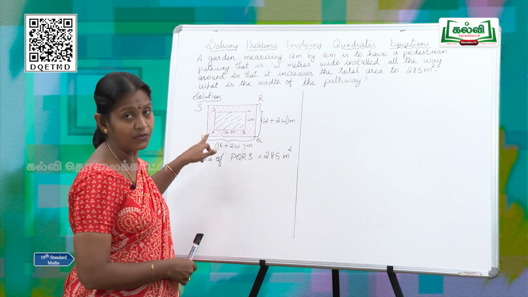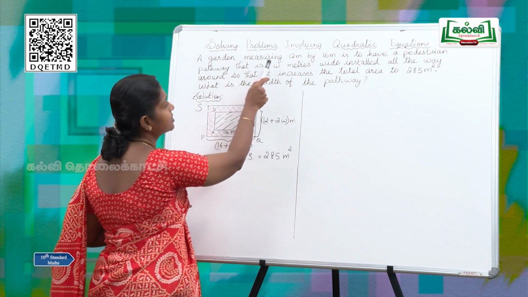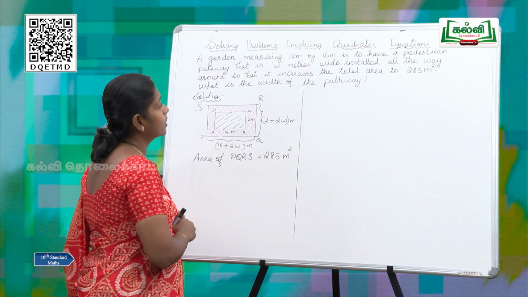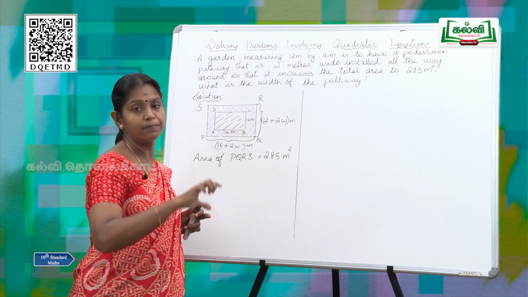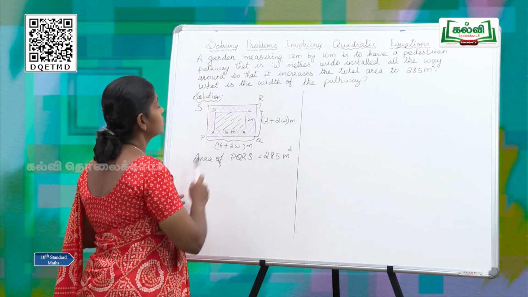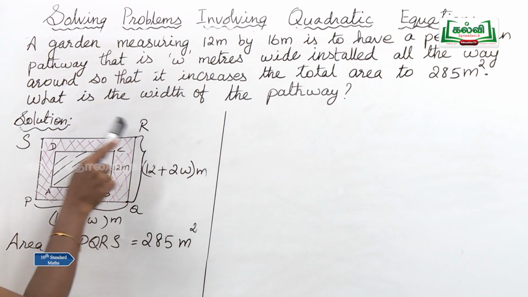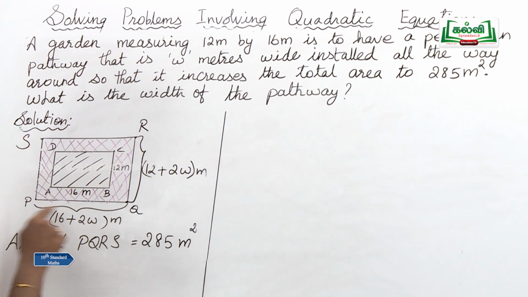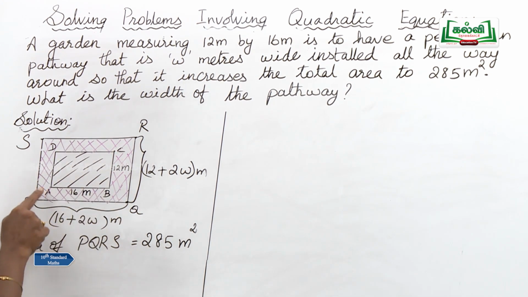Now, listen, there is a figure, a garden measuring 12 meters by 16 meters. So, there is a garden which has the measures 12 meters and 16 meters. They are going to lay a pathway around the garden. So, in between ABCD and PQRS there is a pathway.